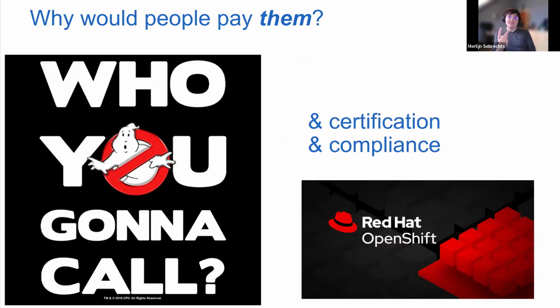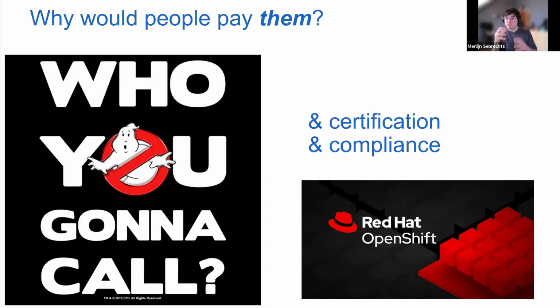Well, there's two reasons for that. The first reason is, who are you going to call when stuff goes wrong? If you are using Red Hat Enterprise Linux on mission critical servers, who are you going to call when something fails?